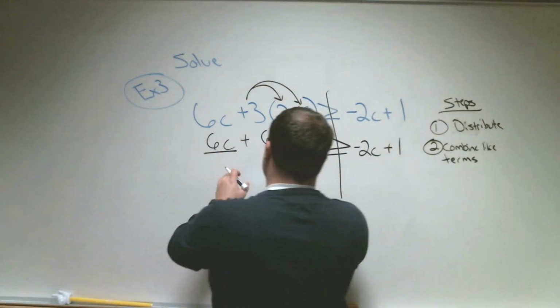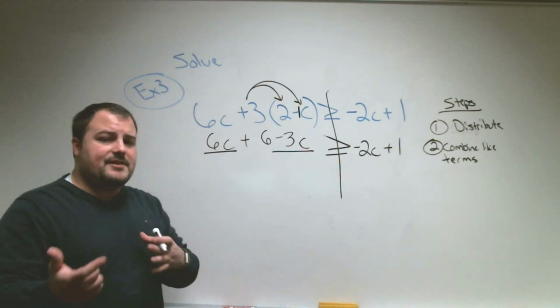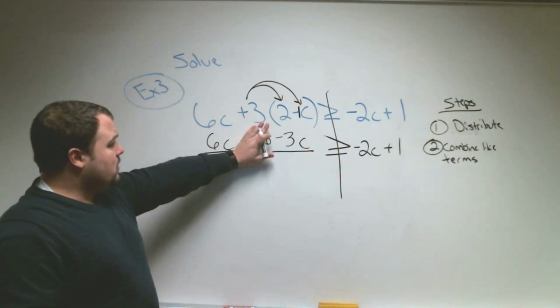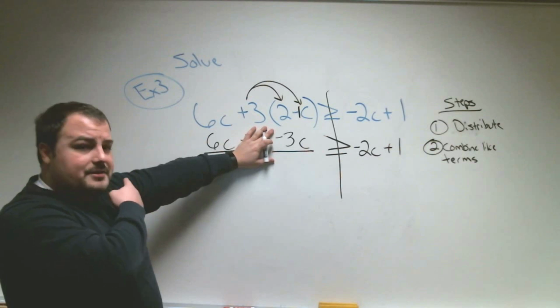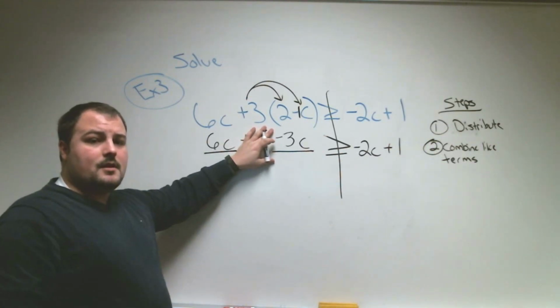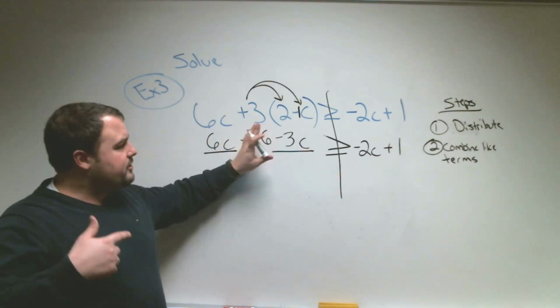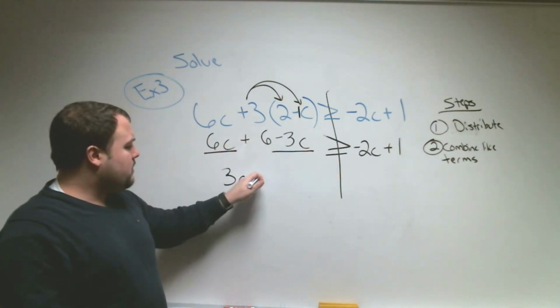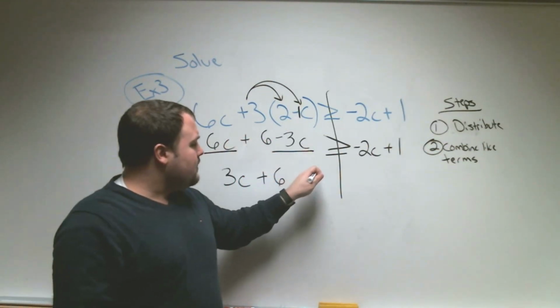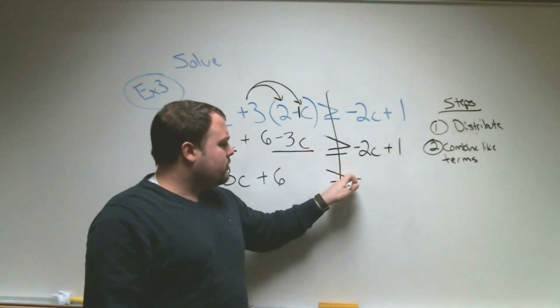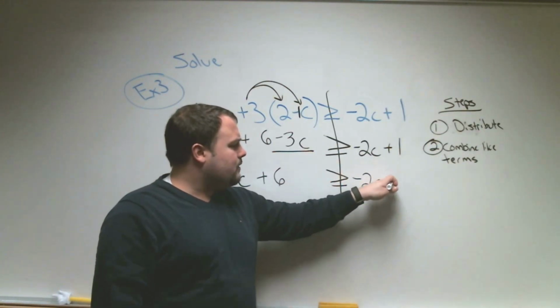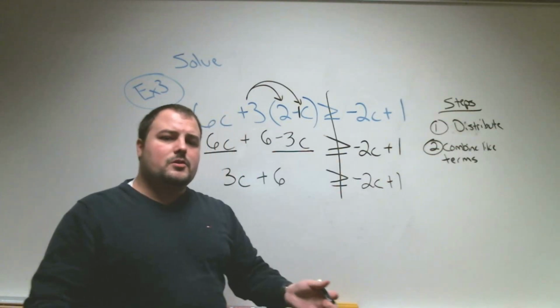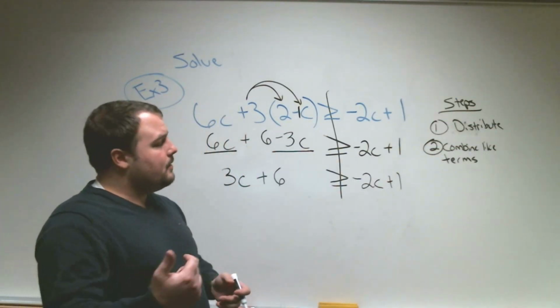These are called like terms because they have the same variable. So I cover this up, and now it looks like it's saying 6c minus 3c. Well, 6c's take away 3c's is 3c's. Then we have plus 6 is greater than or equal to a negative 2c plus 1. So we combined our like terms.